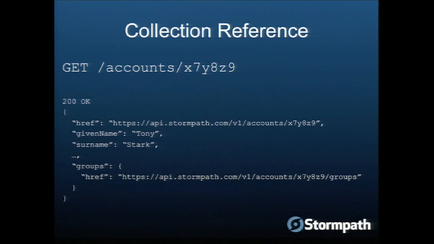So the question is, what if I just did a get on /accounts and I don't have any qualifier? Do you return every single account? And the answer is that it depends on the server, it depends on the URL, like on your endpoint. What we do is we default to a collection resource that has a maximum limit of 25 items. Actually, it's a little more complicated than that.